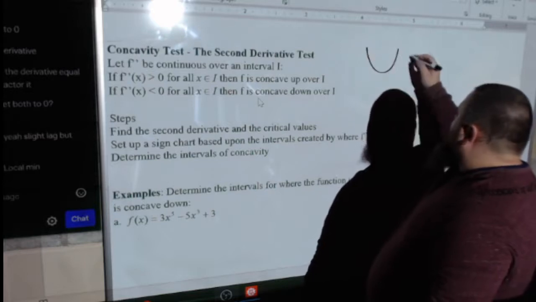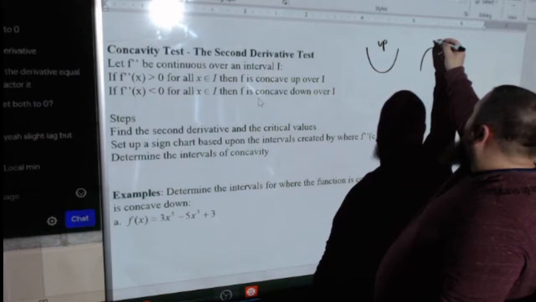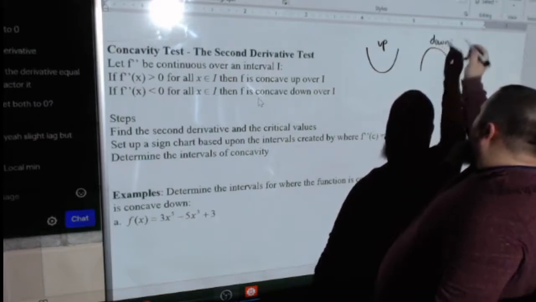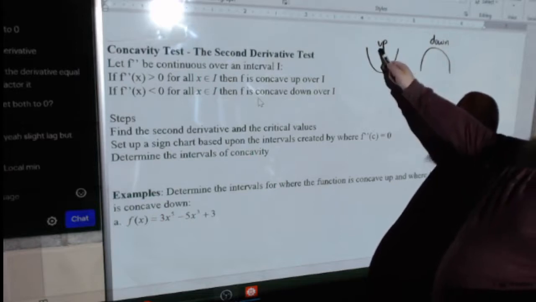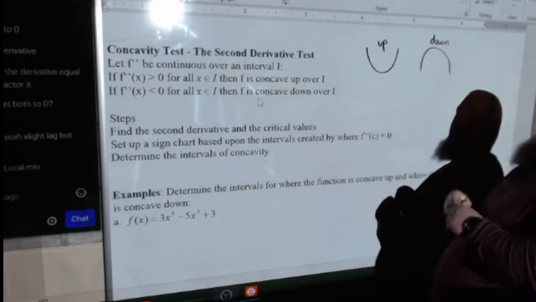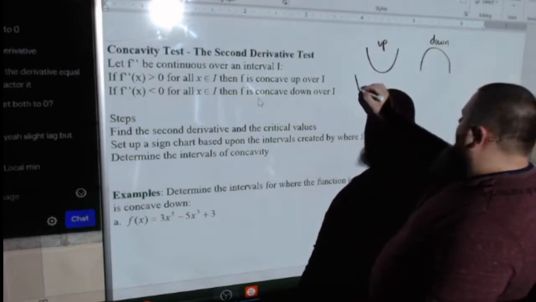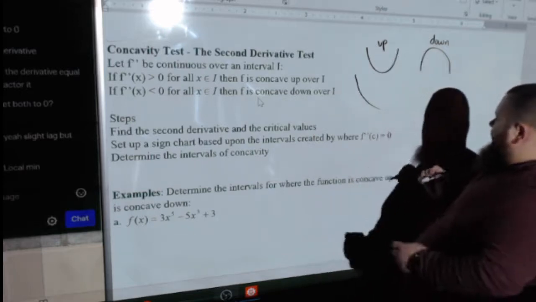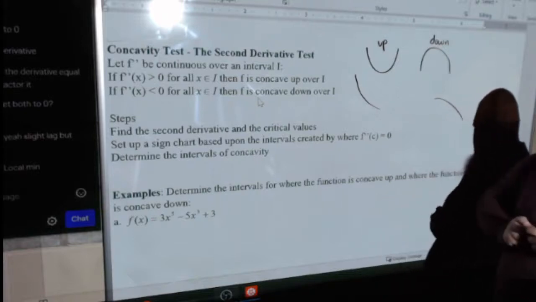This is concave up, this is concave down. So maybe if you need to, remember the up, the U shape, right? But I don't have to have the complete shape. I could just have this, that's concave up, that's concave down, okay?